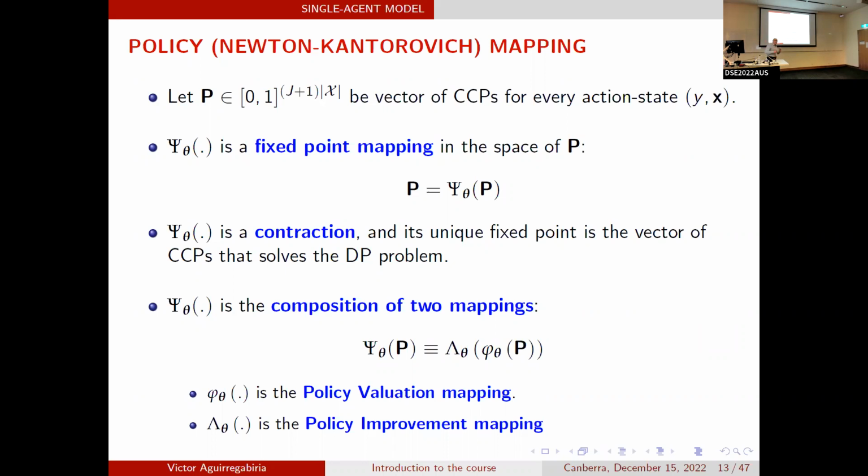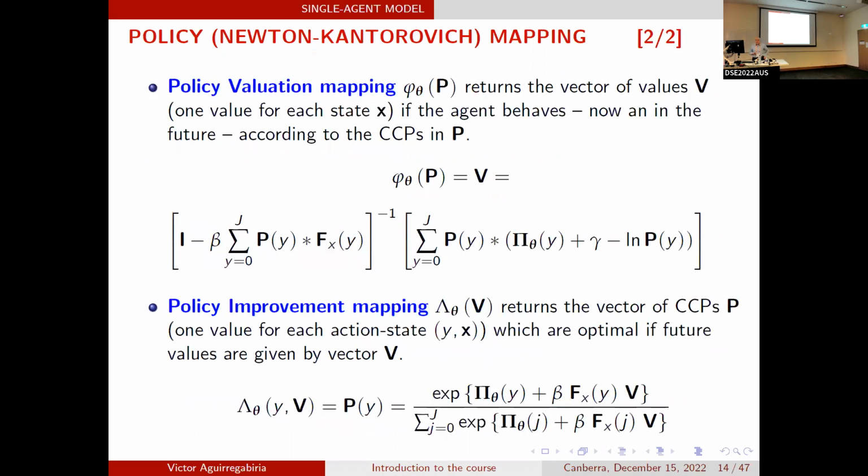This mapping tells us, if you give me a value for the future, that is, if I think that in the future the value in each possible state is represented by this vector, I'm going to behave optimally today by choosing these choice probabilities. That is what the policy improvement mapping is.